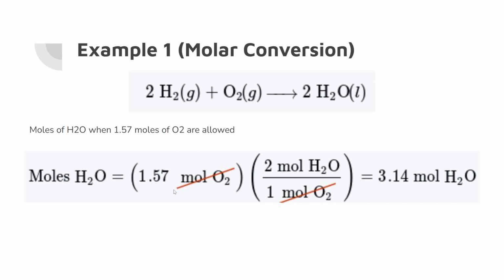So we're just going to multiply 1.57 times 2 because we canceled out those units. We're going to end up with 3.14 moles of water. So when you have 1.57 moles of oxygen gas, you're going to produce 3.14 moles of water in this particular equation.